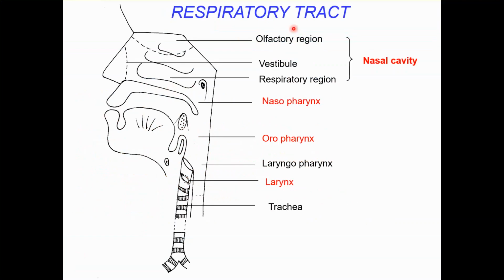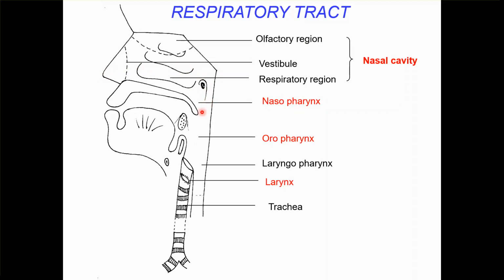The respiratory tract is divided into upper respiratory and lower respiratory. It has the olfactory region within the nose, in the roof of the nose. Anteriorly is the vestibule, and this is the respiratory region. Here the air enters, and then through the posterior nares it enters into the nasopharynx.